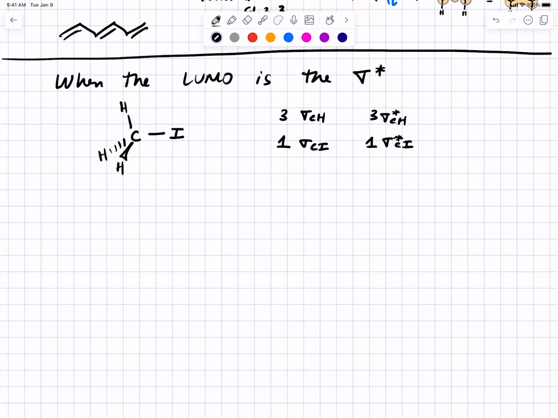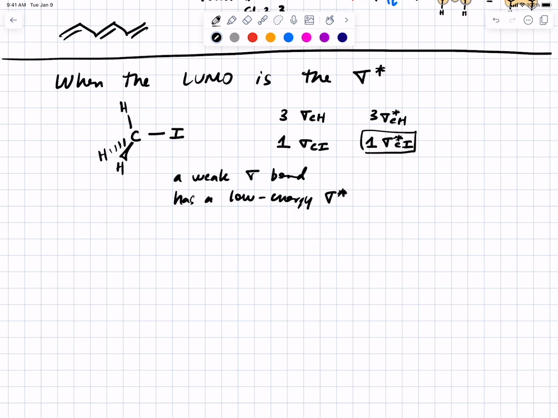But it wasn't necessarily immediately obvious to you that the carbon iodide sigma bonding orbital should be the lowest energy one. What I told you was that a weak sigma bond will have a low energy sigma star. That's an oversimplification of a lot of things, but it's a principle that will generally work for us.